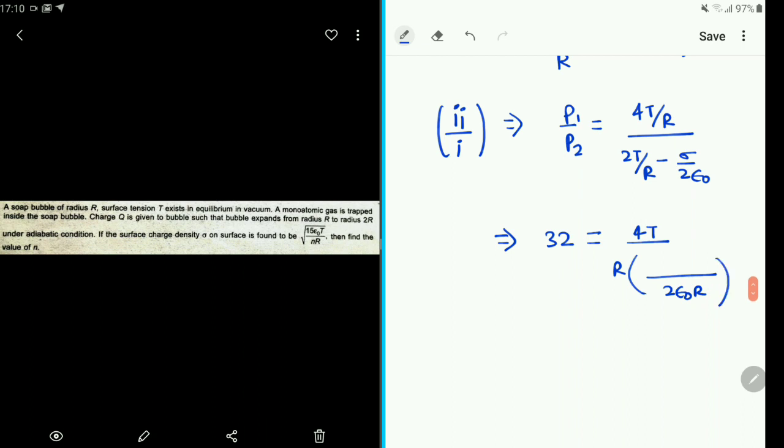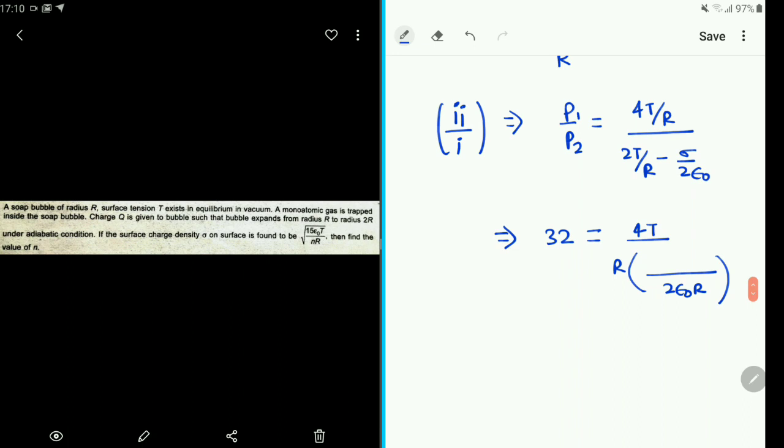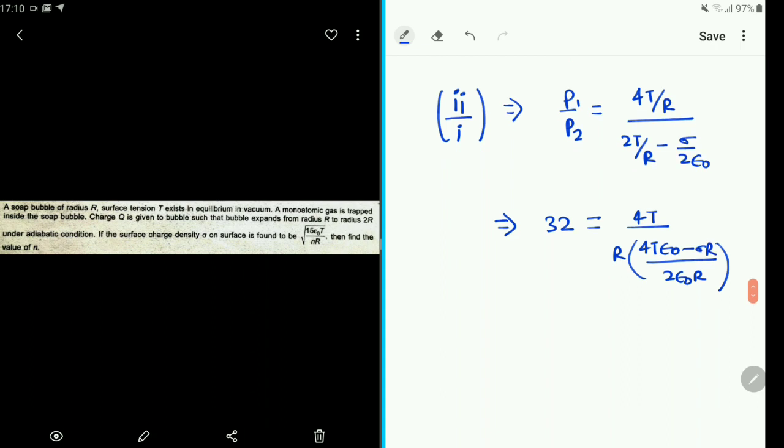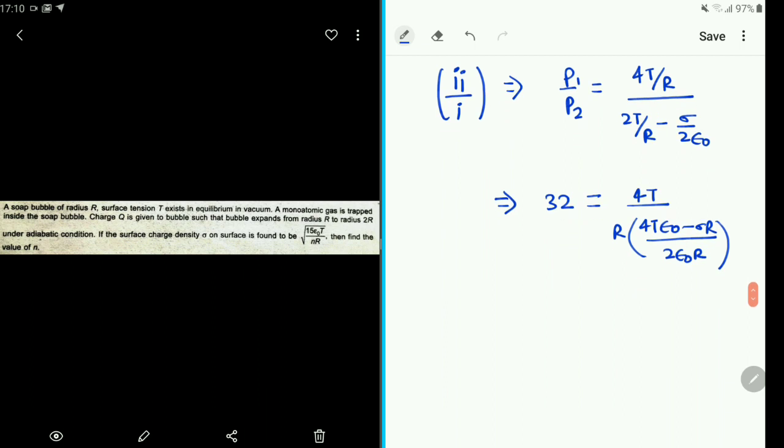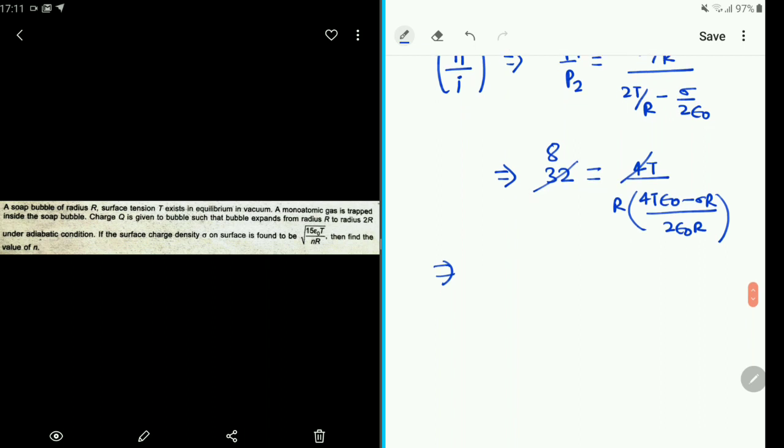So let's do the maths. 2 epsilon naught R, and what will come in the numerator? Basically 4T epsilon naught minus sigma square R. So 32 gets cancelled by 4, R gets cancelled in the denominator.